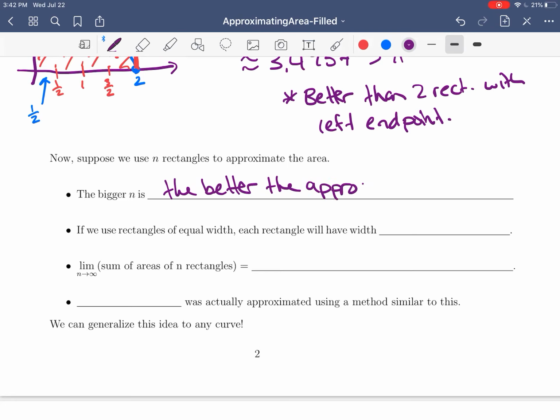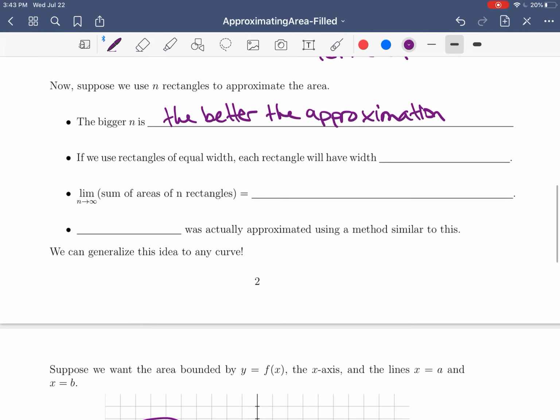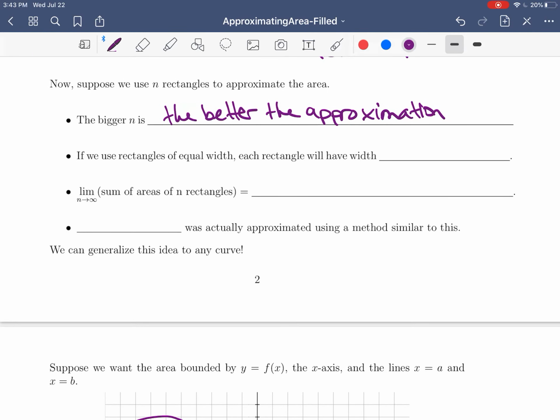Now often the midpoint is sort of the best one, but what we're going to be doing is letting the number of rectangles go to infinity, and if you do that, it doesn't actually matter which endpoint you use, and the left endpoint is usually the easiest one to work with. So if we use rectangles of equal width, each rectangle is going to have width we call delta x.